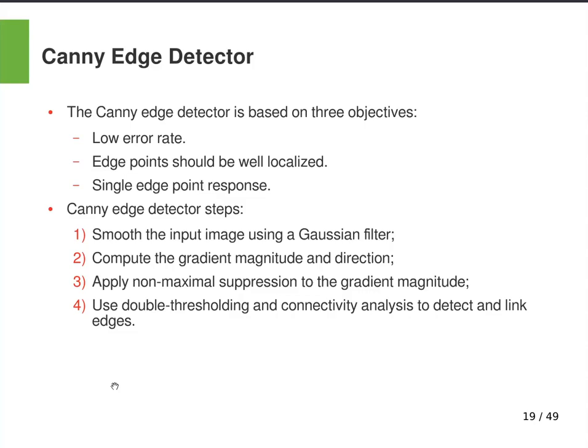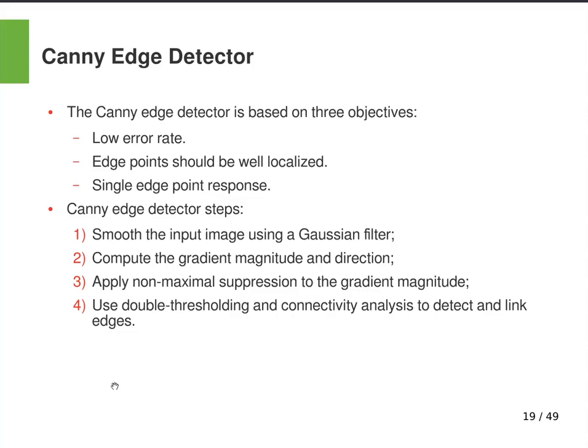So now that we have seen this, let us talk about a more advanced technique for detecting edges, and that is the Canny edge detector. The Canny edge detector is built based on 3 main objectives. So we want to have a low error rate, so we don't want to locate edges that are wrong.